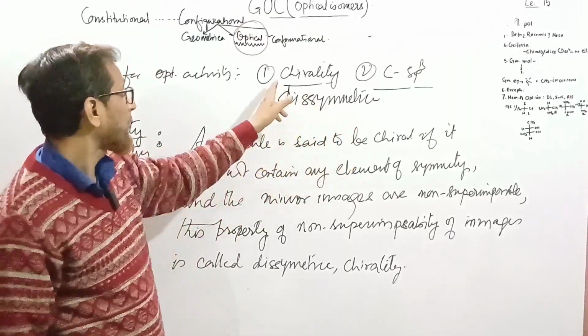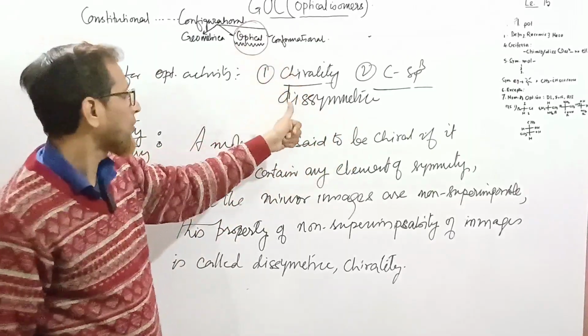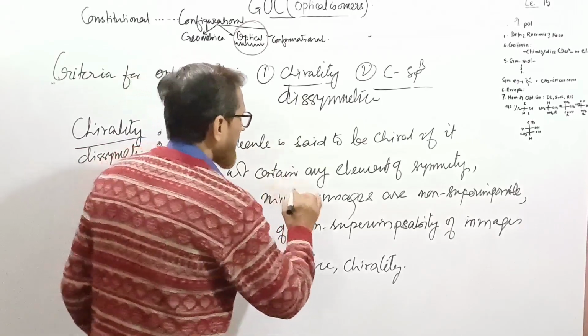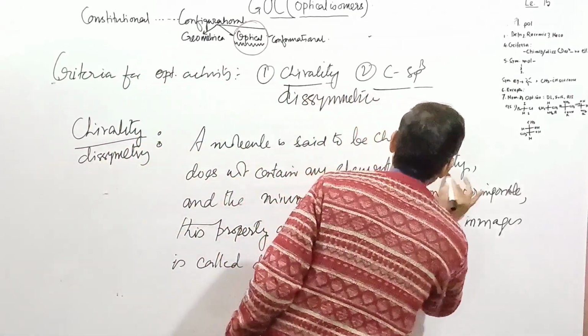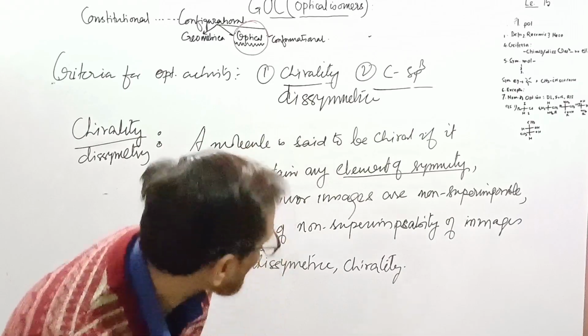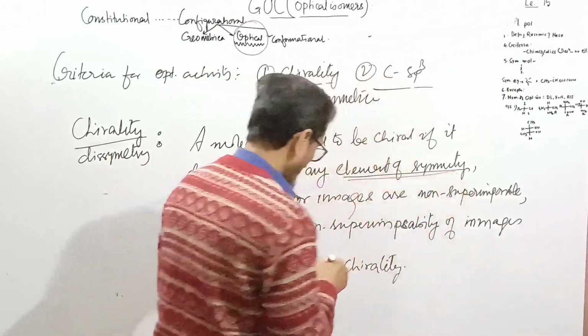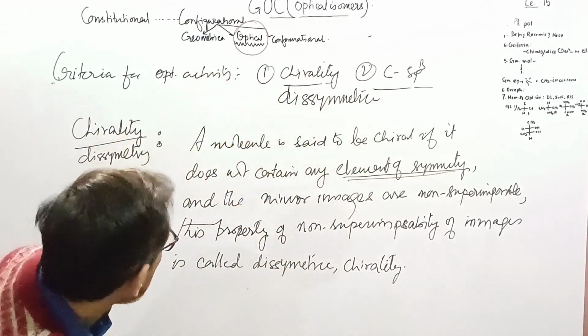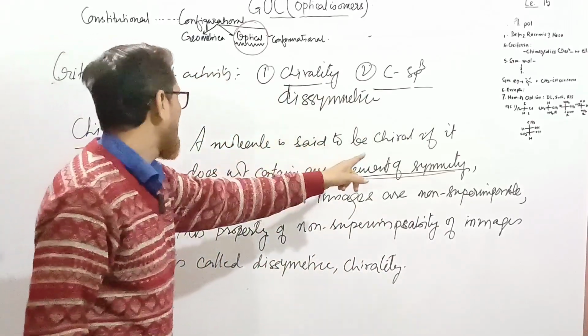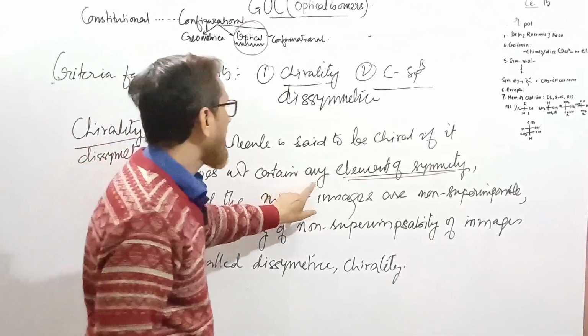Now let us explain what chirality is and what dissymmetry is. So this point you should know again. What I have written here is that a molecule is said to be chiral if it doesn't contain an element of symmetry.